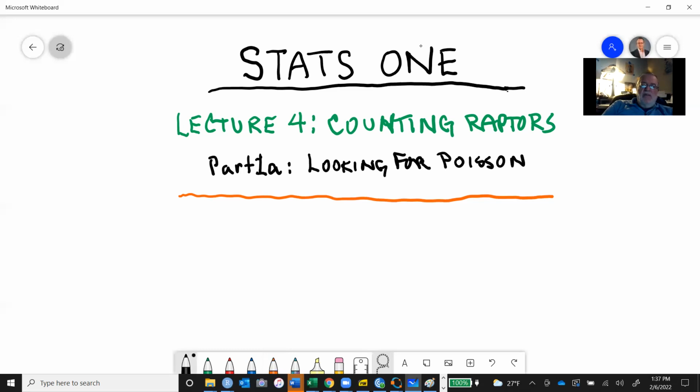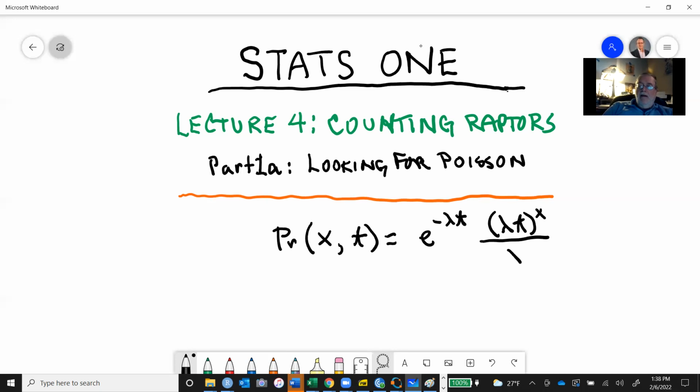The thing we're going to solve for is this equation: the probability of x at t equals e to the minus lambda t, to the x, over x factorial.